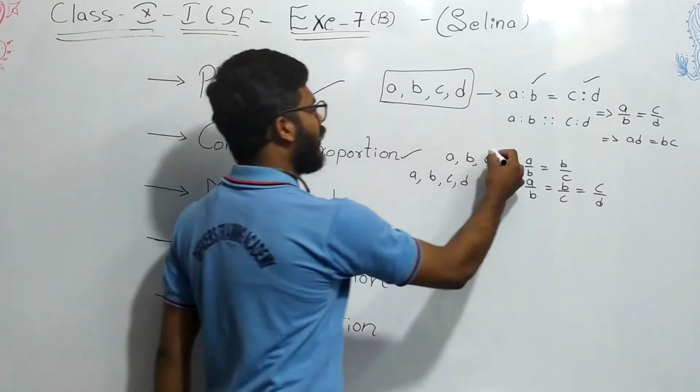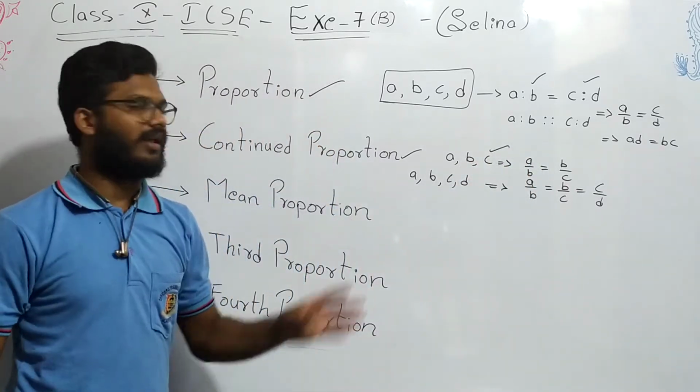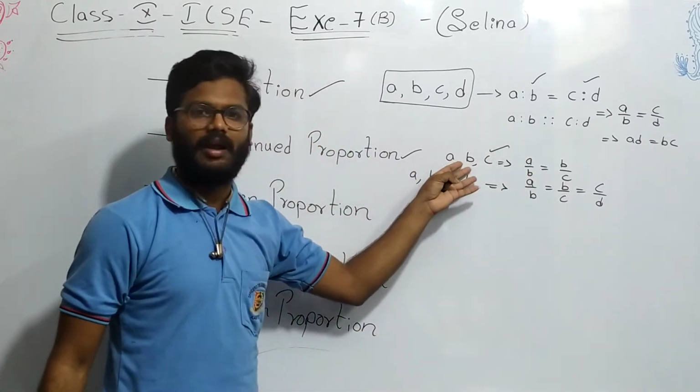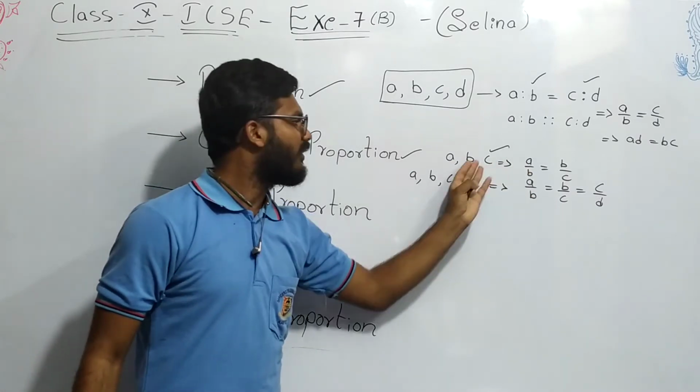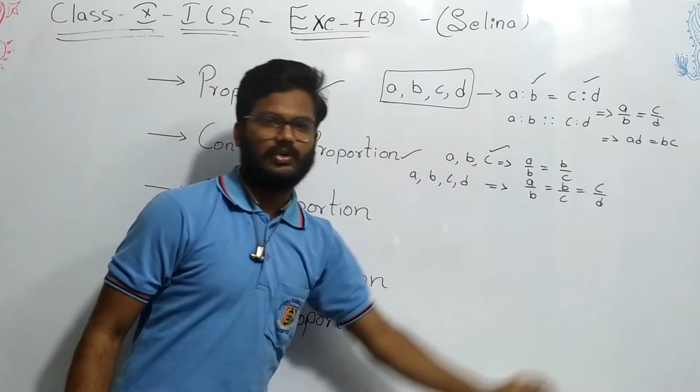So, if they are in continued proportion, the ratio between first and second is equal to the ratio between second and third and so on.